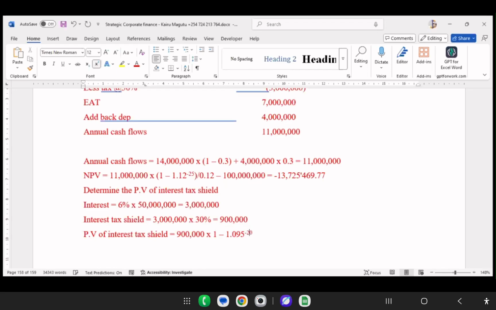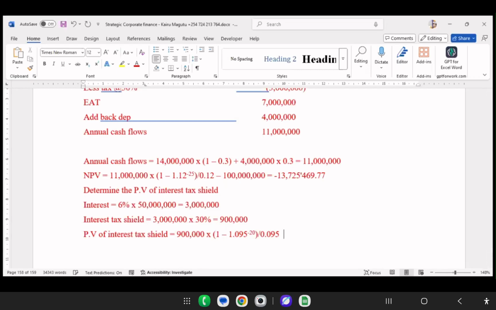Power negative 20. Now, note one thing. We are told that this loan is there for 20 years. So we divide by 0.095 like that.